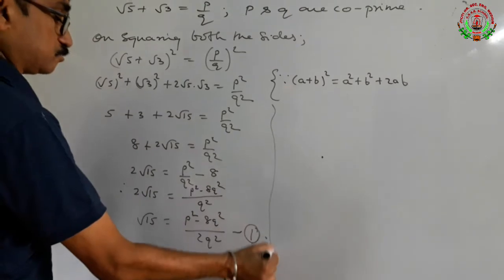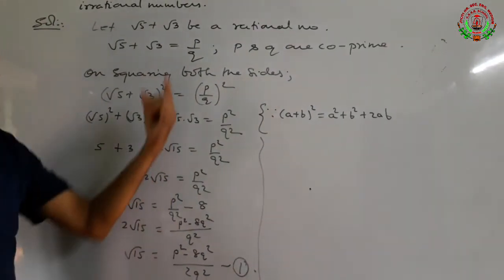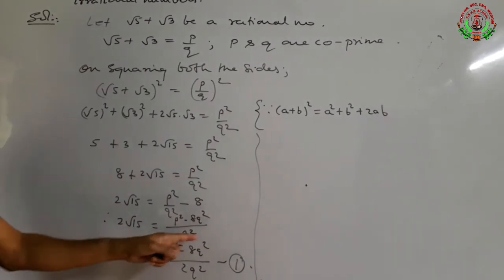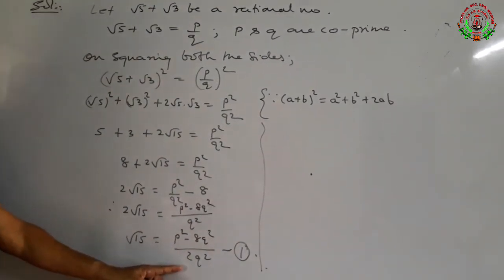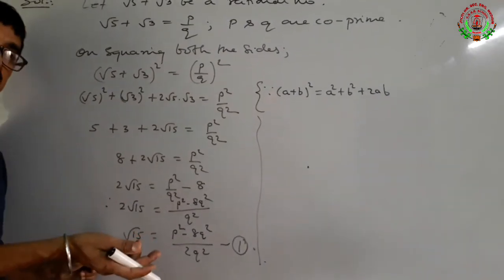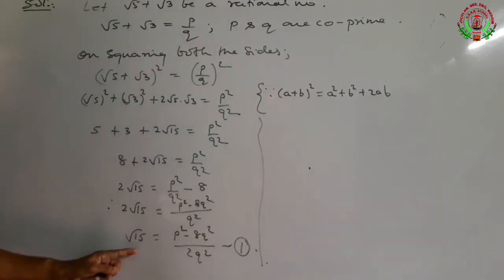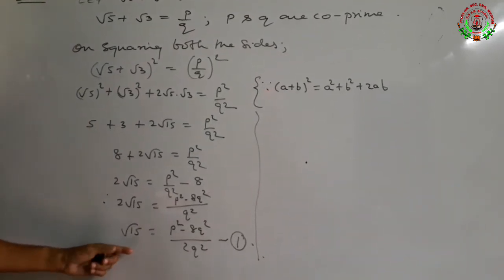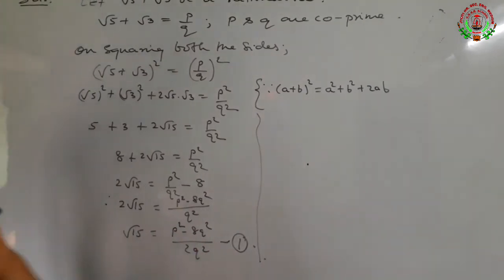Now in equation number 1 we can see that since p and q are co-prime, the quantity on the RHS of equation 1 will be a rational. But root 15, as root 3 and root 5 are irrational, their product root 15 will also be an irrational number, and an irrational number cannot be equal to a rational.